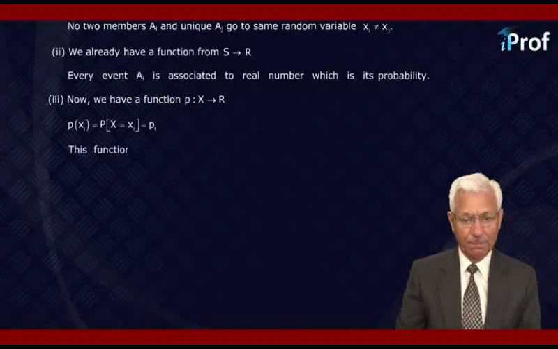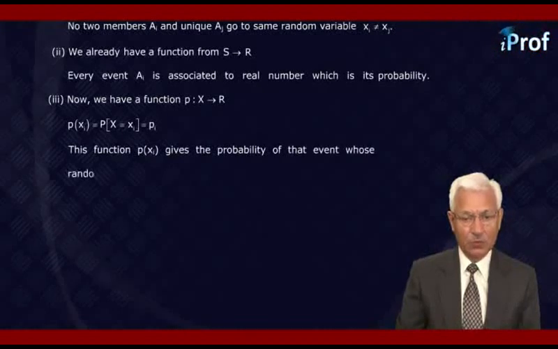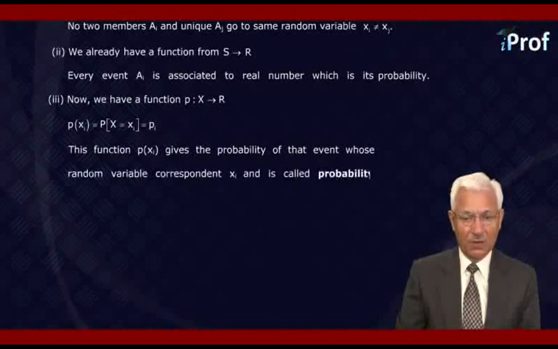This function P(xi) gives the probability of that event whose random variable is xi. It is called probability function or probability distribution.